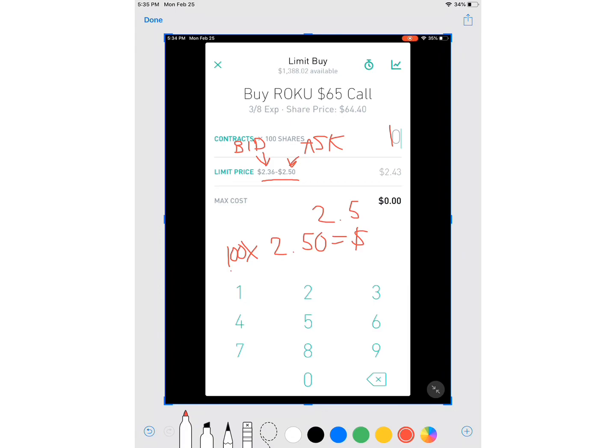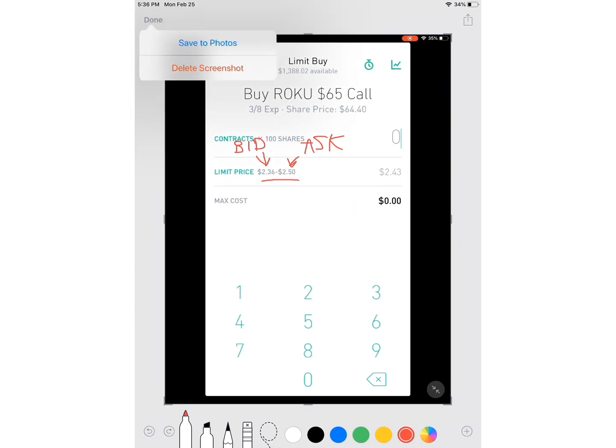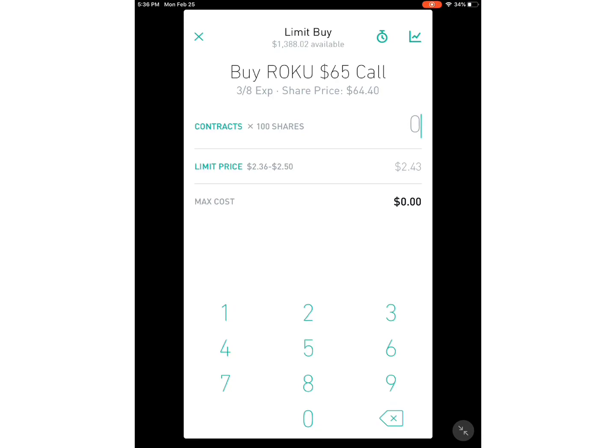Well, it would be $250. Yeah, $250. So all of this will equal $250. So bam, I'm doing one contract, one contract times 100 shares. And remember, I'm buying near the ask. So 2.5, right? Then I would press review.